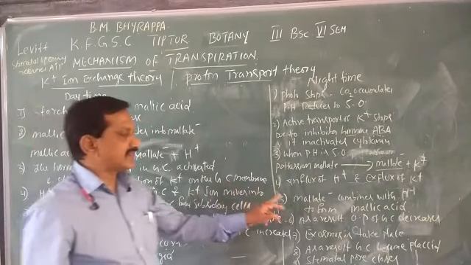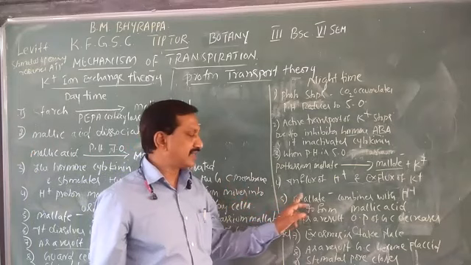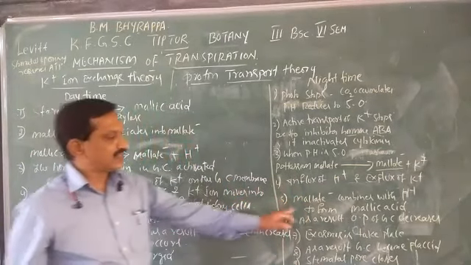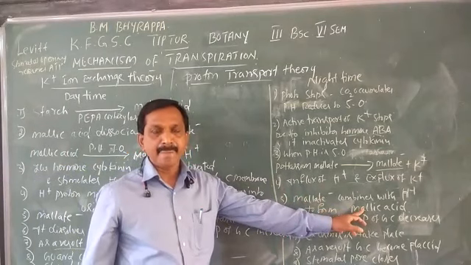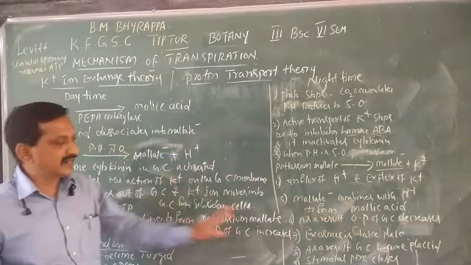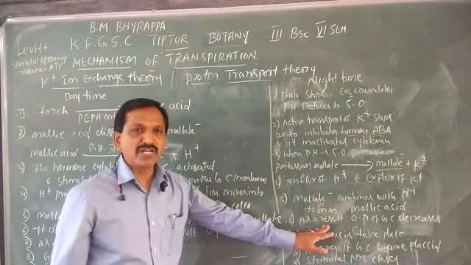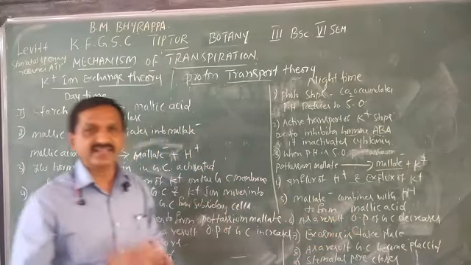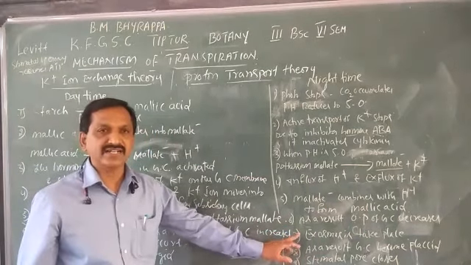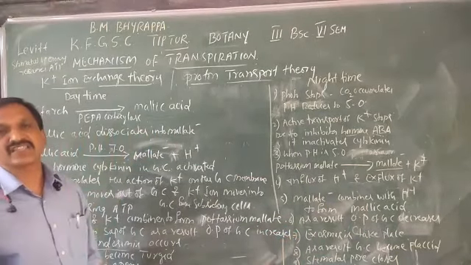Then the H plus protons combine with the malate minus ion, resulting in the formation of malic acid. This malic acid is insoluble in water. As a result, the osmotic potential of the guard cell decreases. When the osmotic potential of the guard cell decreases, exosmosis takes place.